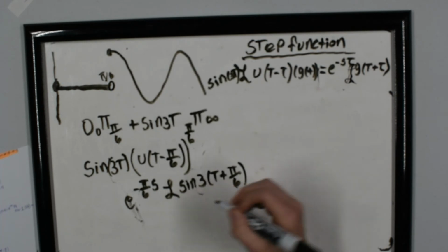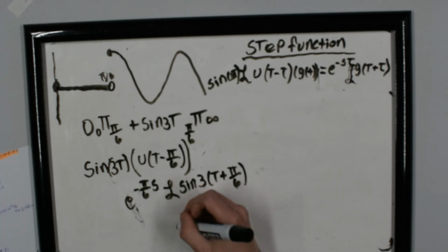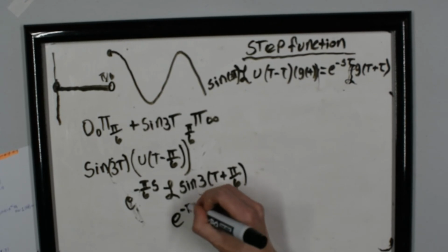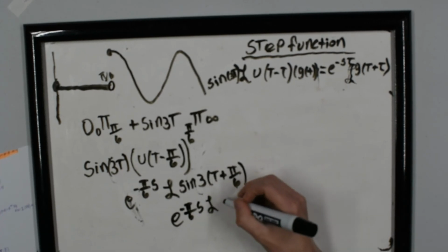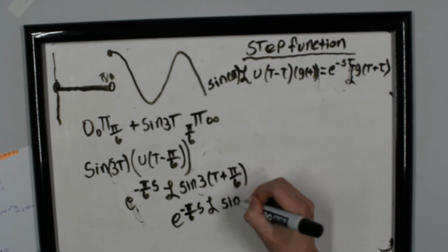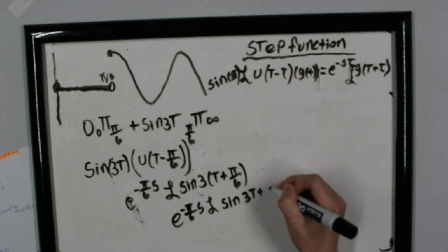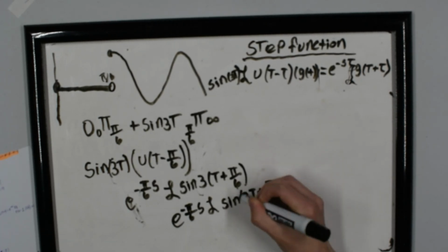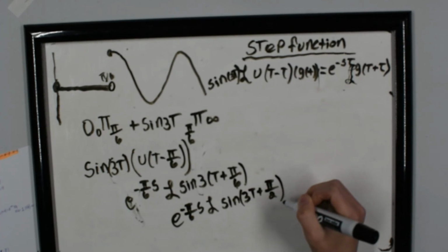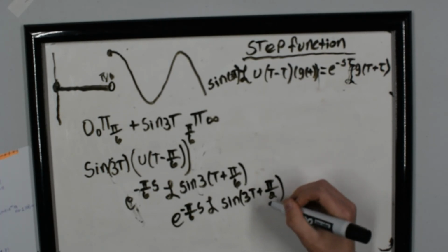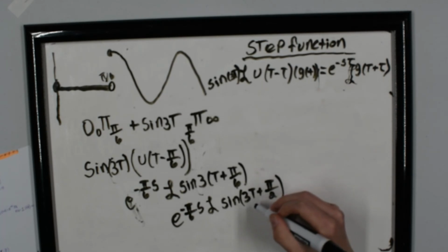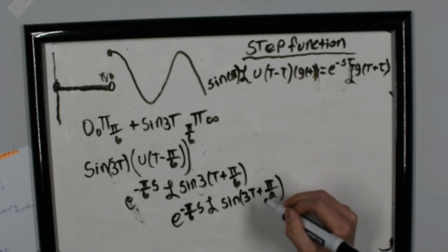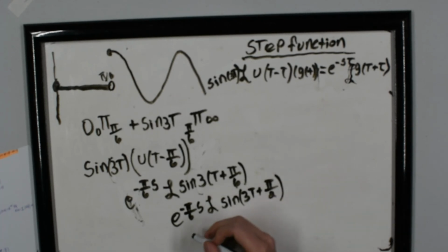We have to distribute this 3, so we get e to the negative pi over 6 s times the Laplace transform of sine(3t plus pi over 2). Well, sine(3t plus pi over 2) is really just cosine of 3t, because if you move a sine function pi over 2 to the left, it becomes a cosine function.